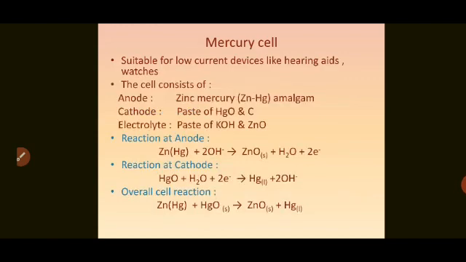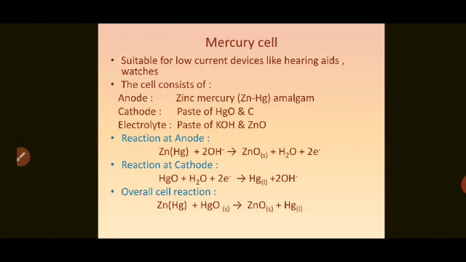Let us see another example of a primary battery, that is the mercury cell. Now we are using the calculator, right? Or the wristwatches in which a small button like shining cell is used. This is called a mercury cell, which is suitable for low current devices like watches or hearing aids.